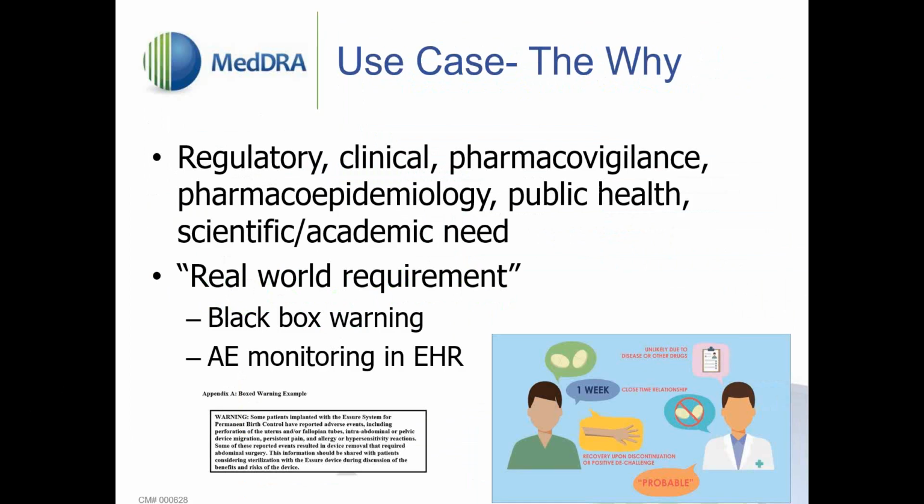And this information would be coded in SNOMED CT, so the map would enable the data to be converted, if you will, into MedDRA for use in the regulated biopharmaceutical space.